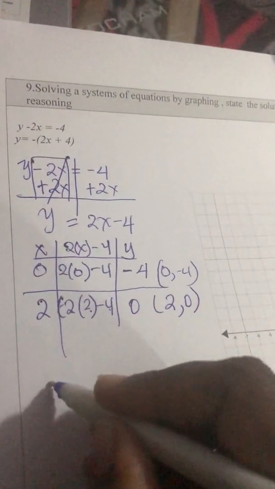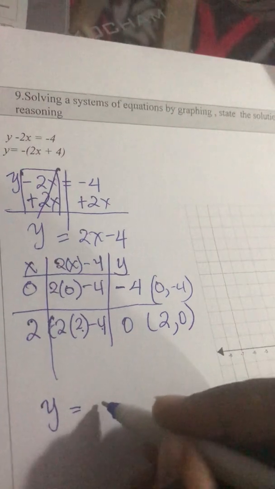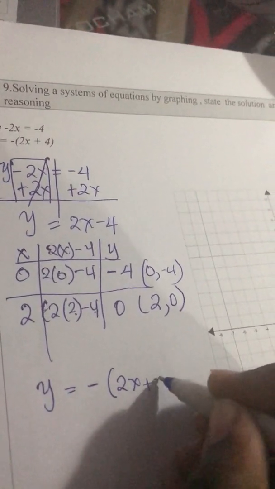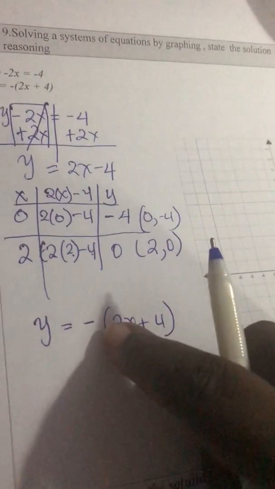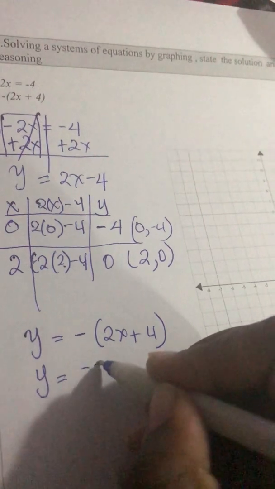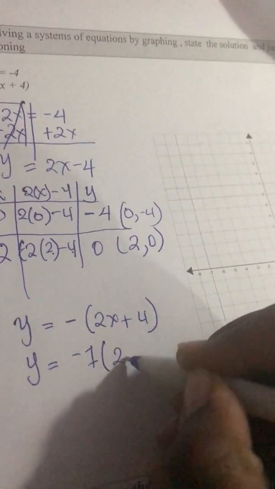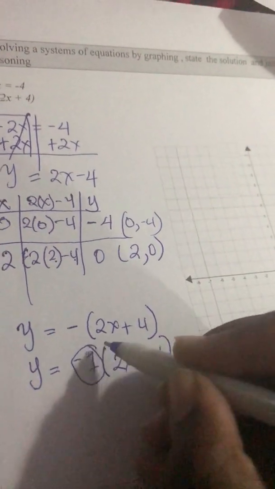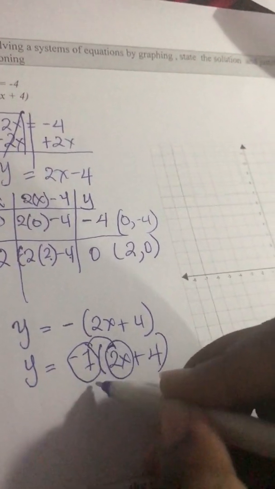Okay? Now let's do this one with the bracket. Y equals negative 2x plus 4. I don't see a number outside my bracket. I'll write 1. Y equals to negative 1, 2x plus 4. Negative 1 goes with 2x.